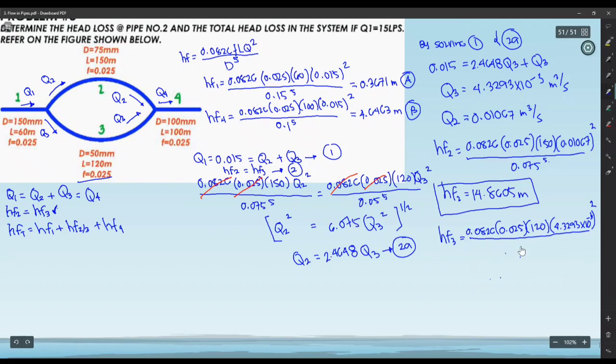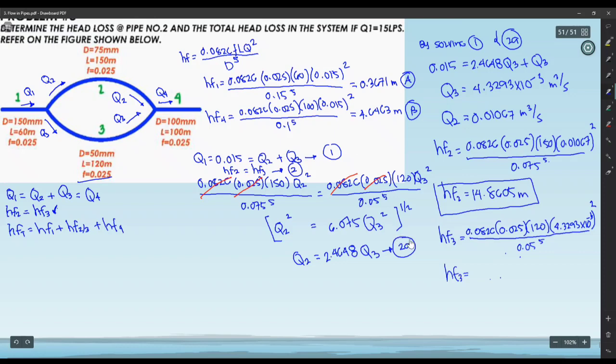So, divided by 0.05 raised to 5. Okay. So, we will have the value for head loss 3. So, 0.0826 times 0.025 times 120 times 4.3293 times 10 to the negative 3 squared divided by 0.05 raised to 5.